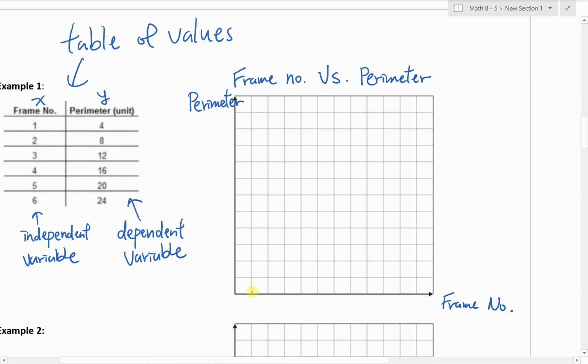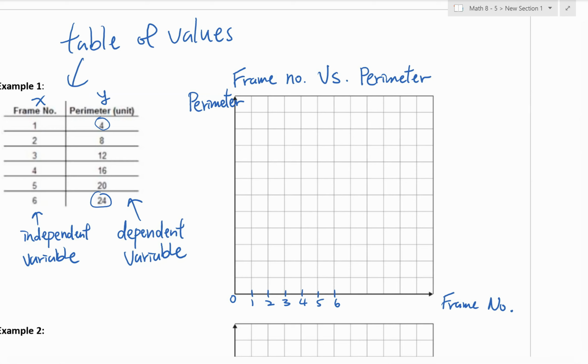So I'm just gonna call this 0, 0. So here's 1, 2, 3, 4, 5, 6. So I finished labeling my x-axis. Now, if you look at our y-axis, it goes from 4 all the way to 24, and you can see we don't have enough boxes to go up to 24.